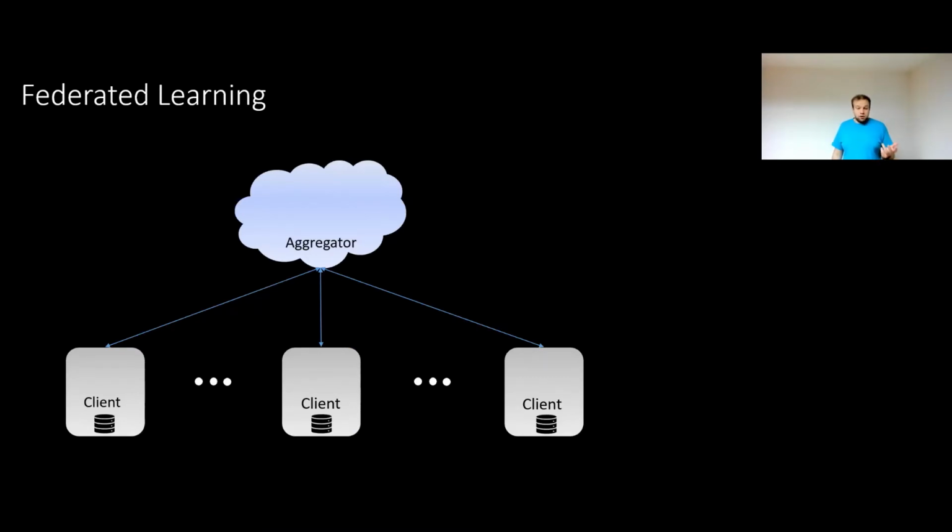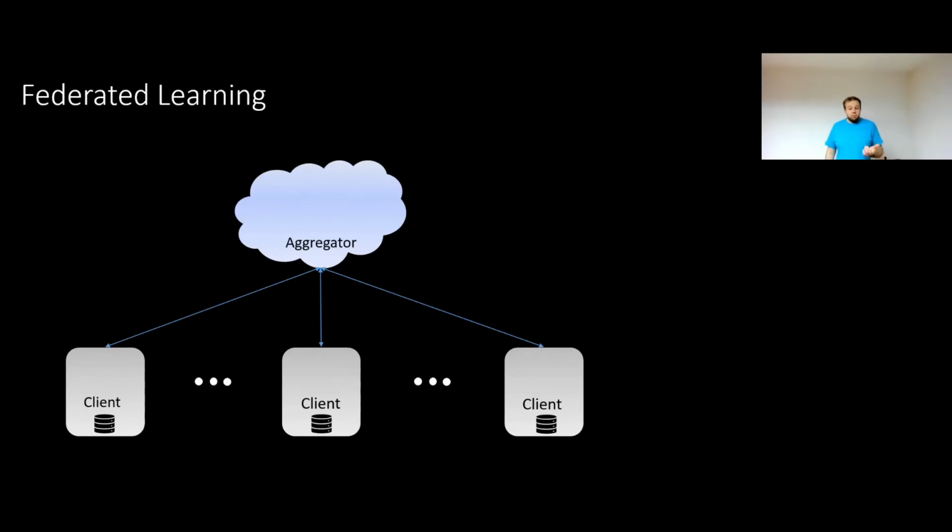In federated learning, as I already mentioned, we have multiple clients which are connected to a server. While in centralized learning, the local dataset of each client would need to be sent to the server, in federated learning the clients won't share their data, for example, because the data are very sensitive.